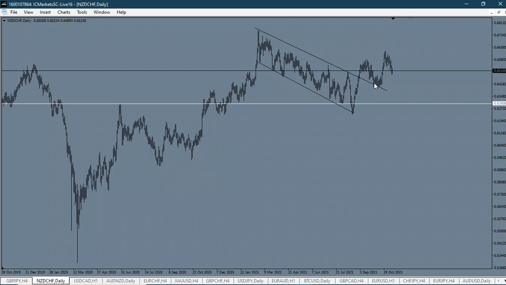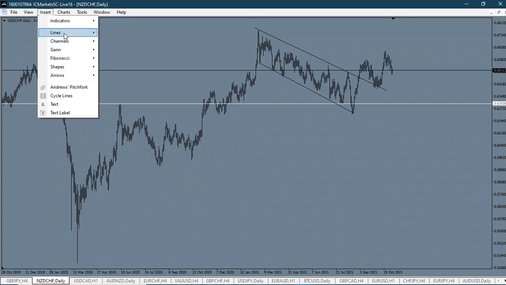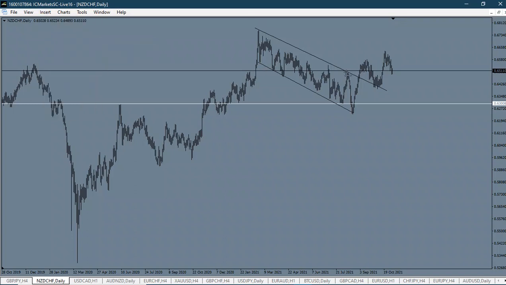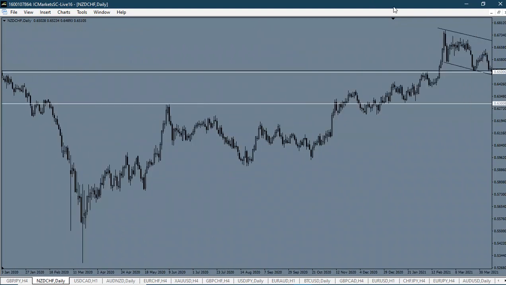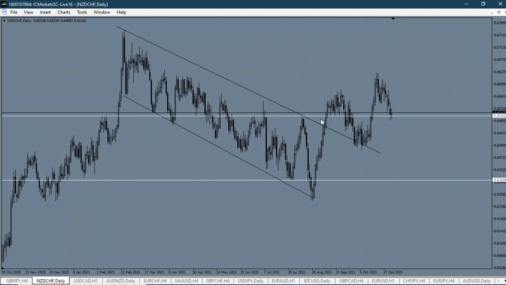It was crossed and retested right there. Let's also cater for this double bottom. That flag, we had a double bottom right there, and our neckline right there. So as you can see, price is currently on our neckline.